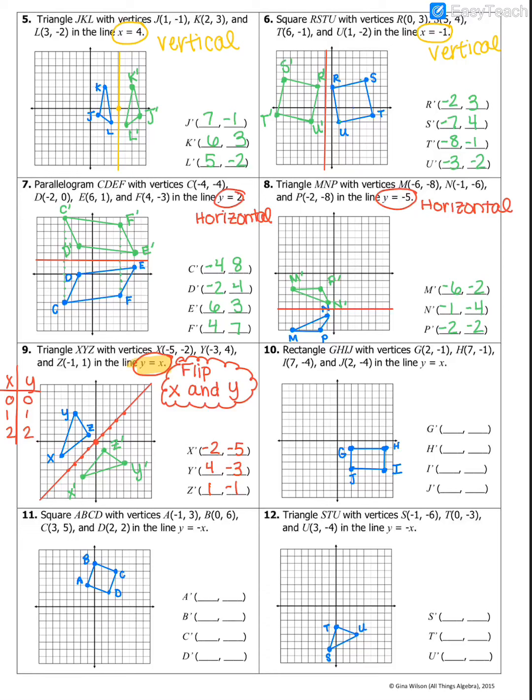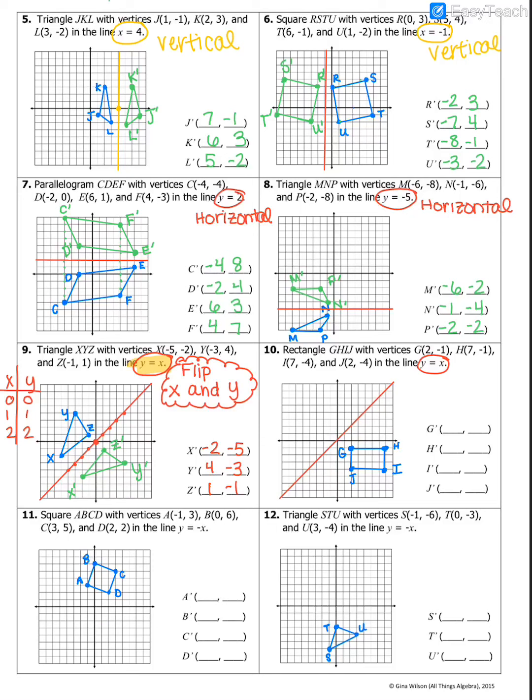So we're going to do the same thing with the next one. It's going to be the same line, so I'm not going to go through how to do that again because I'm trying to make these as fast as possible. So I'm just going to draw that line for you guys. So there's the line y equals x.